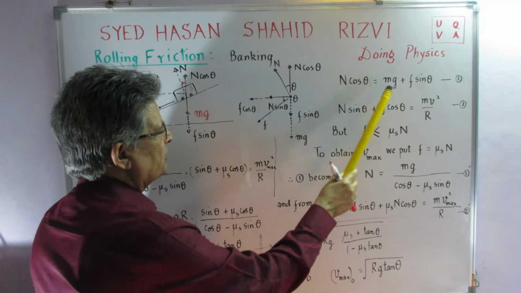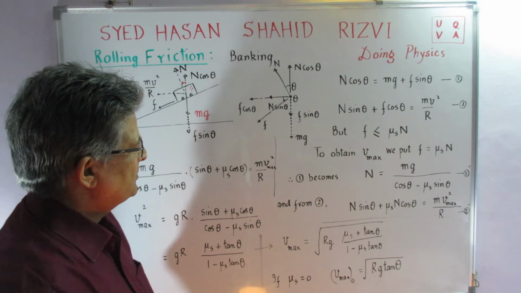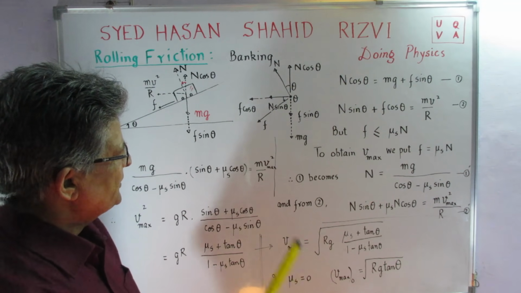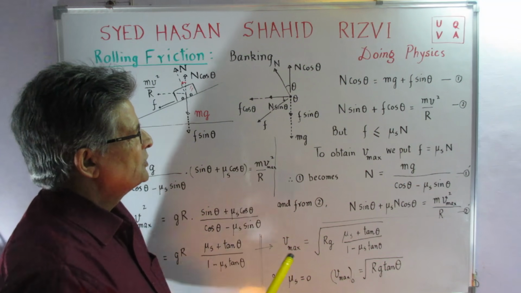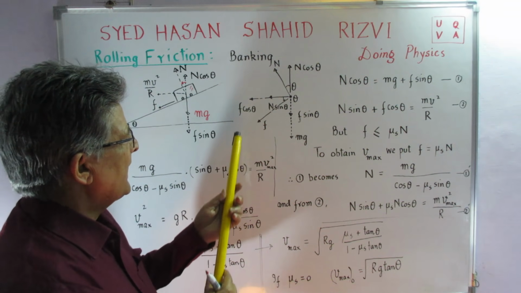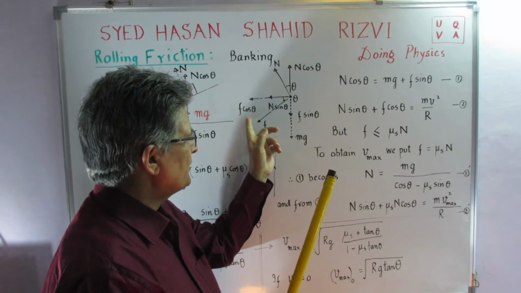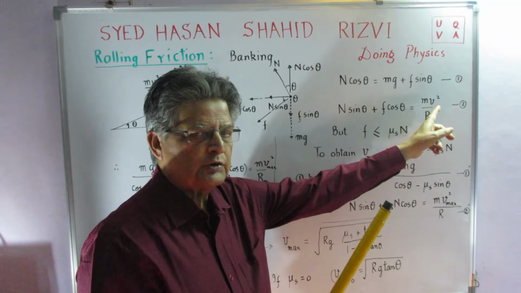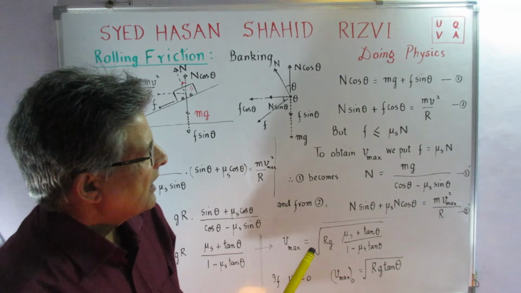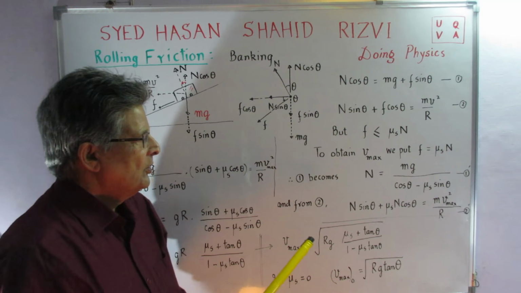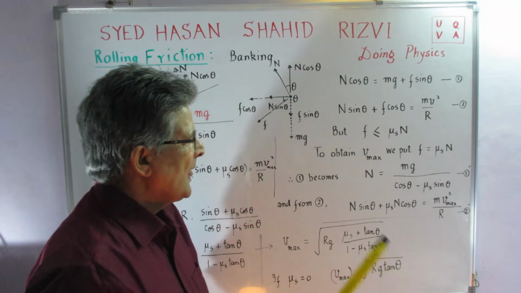that N cos theta is equal to mg plus f sin theta. This is one equation that we obtained, and the second equation is the provision of the mv square upon r force. So I say that N sin theta plus f cos theta provides mv square upon r, which is essential for the centripetal acceleration, and mv square upon r is the centripetal force.